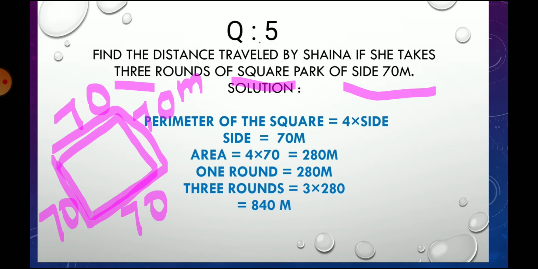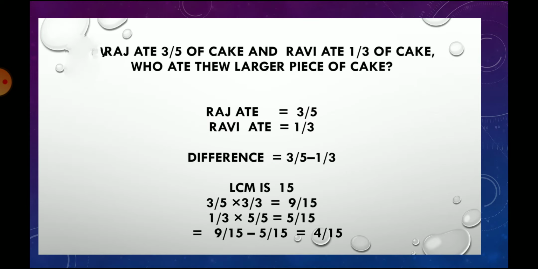Okay. See the next question, that is word problems of fraction. So Raj ate 3 by 5 of cake and Ravi ate 1 by 3 of cake. Who ate the larger piece of cake?